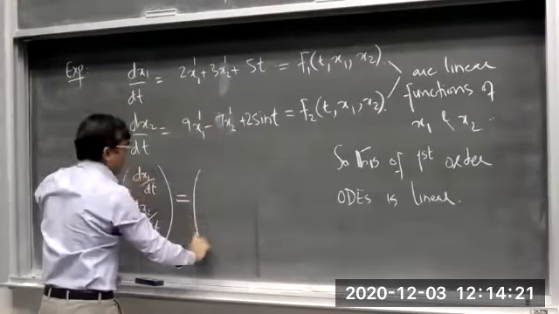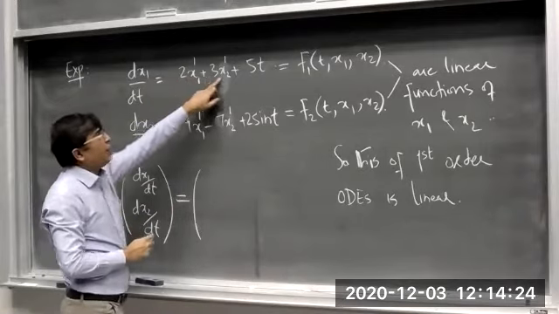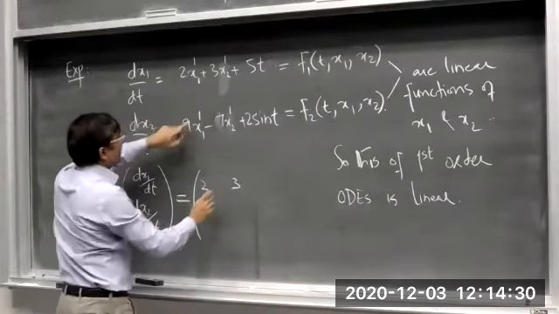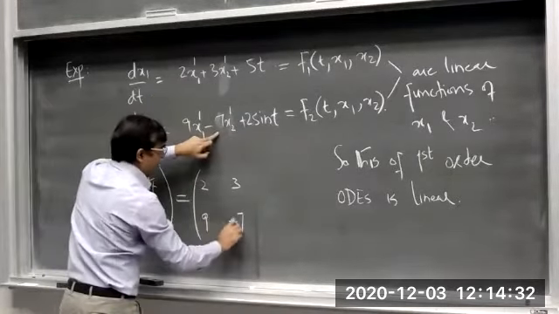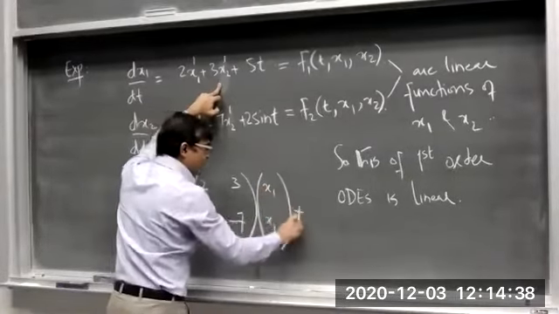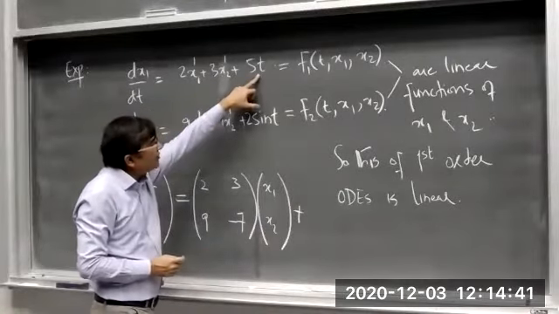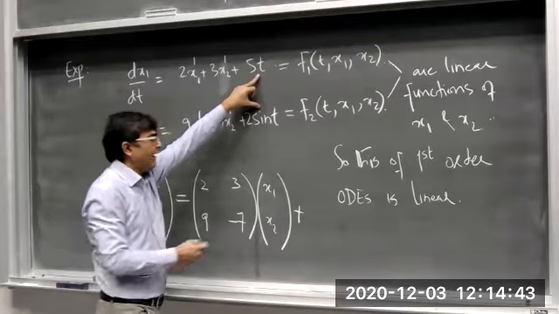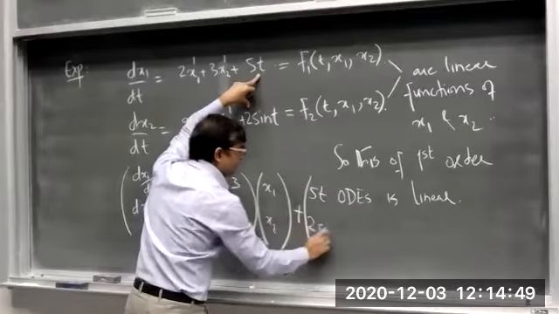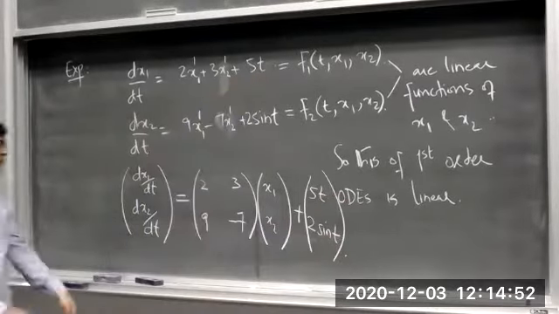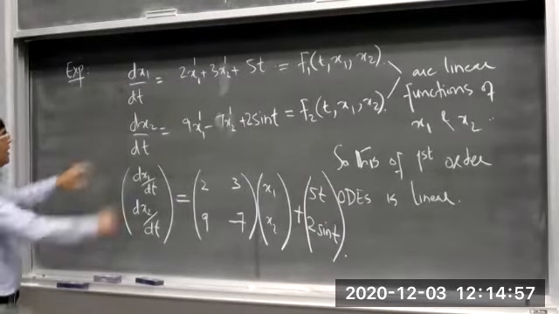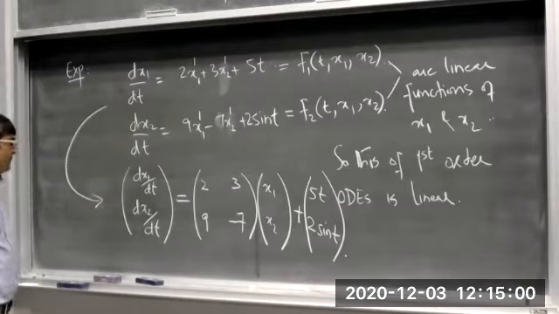Now you can see that we can separate the coefficients of x1 and x2 into a matrix, and we can write 2, 3, 9, and minus 7 times x1 and x2, plus the functions of t which do not involve x1 and x2. So we can write another vector here, 5t and 2 sine t. So every linear system can be written into the matrix form.